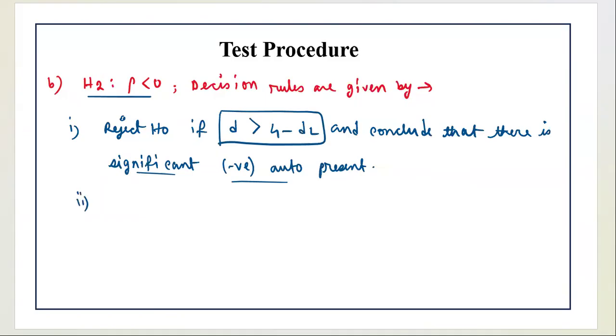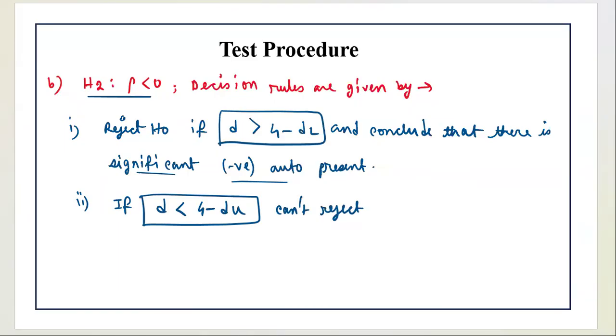Now, the second case would be when the D value is strictly less than 4 minus du. If the D statistic value is strictly less than 4 minus du, we cannot reject H naught, and we conclude no autocorrelation. That is, the null hypothesis is true, no autocorrelation present.